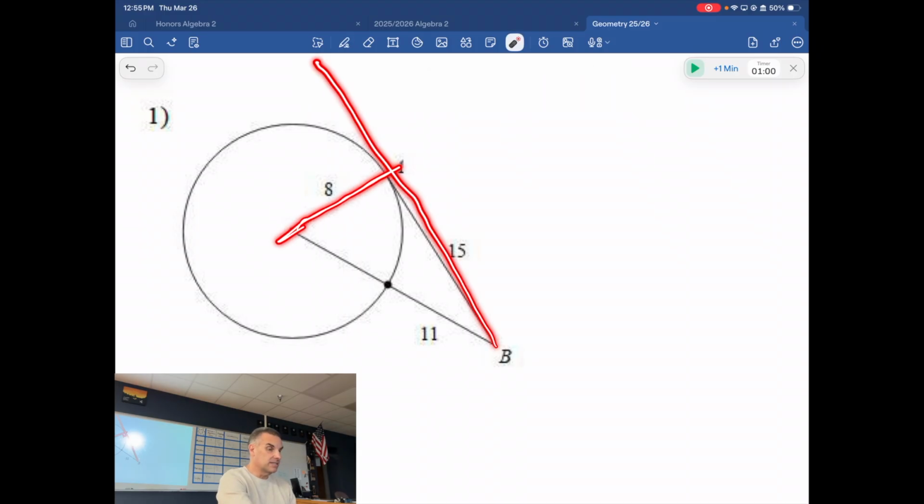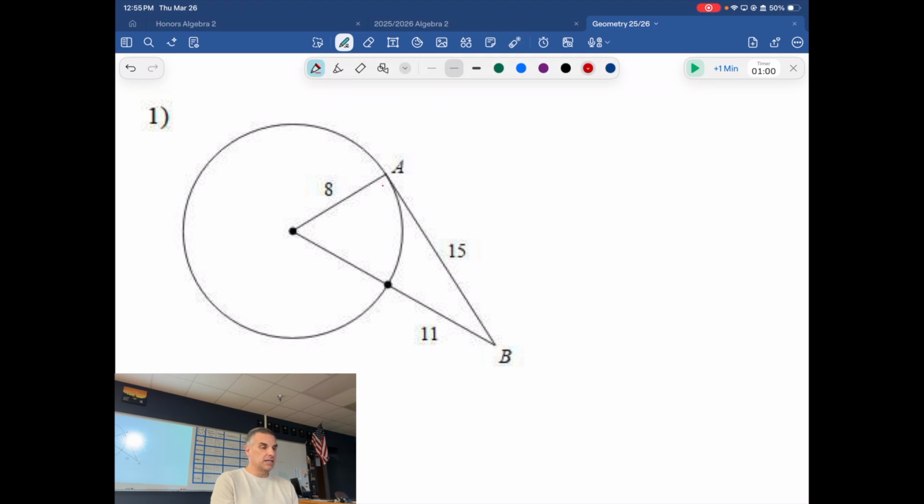So that has to be a right angle, so that has to be 90 degrees. And if it's 90 degrees, then I know it's a tangent. Well, we've got a right triangle. Notice we have this triangle, they call it ABC. We've got this right triangle.